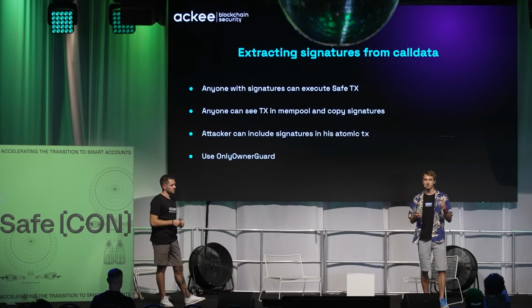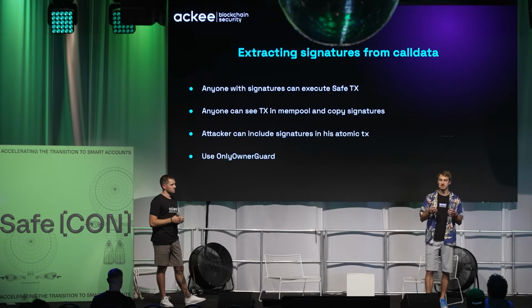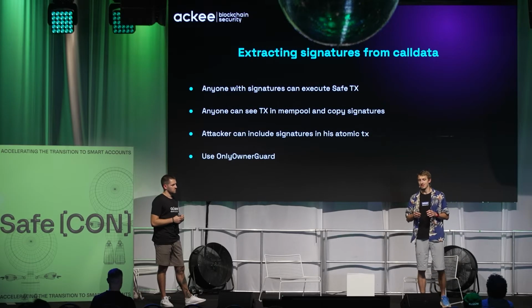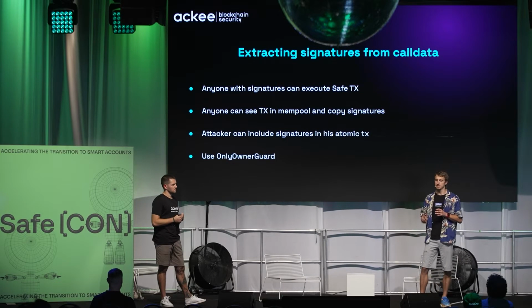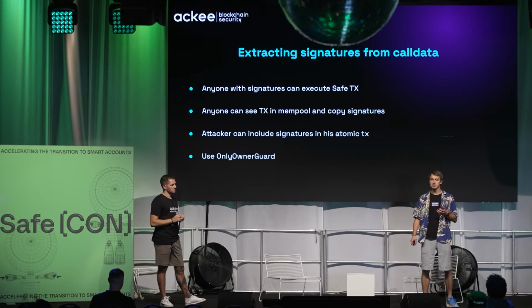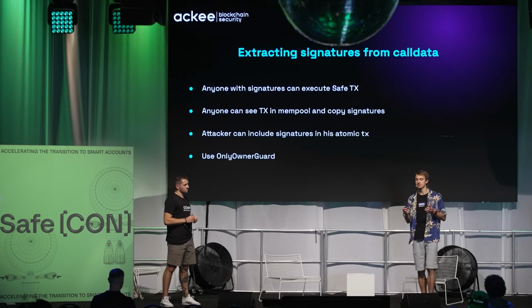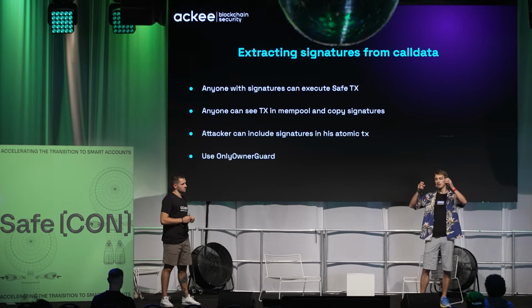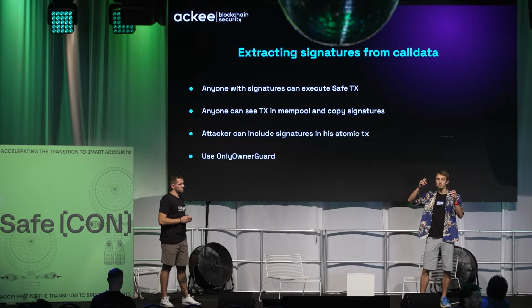During the summer, I actually found an exploit related to copying out signatures from the mempool. It was unrelated to Safe, but it's an attack vector that you have to keep in mind, because many developers can expect that a state change inside the Safe can happen only via a top-level call.